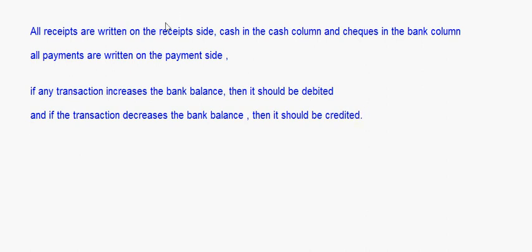Now after this I'm going to take up contra entry. Now contra entry is something which involves both cash and bank. Like you may have transactions in which you write goods purchased for cash, so it is basically purchases and cash, or you have rent paid, so rent and cash, or rent paid by check, which is rent and bank. Now in contra entry the two accounts that are involved are cash and bank.